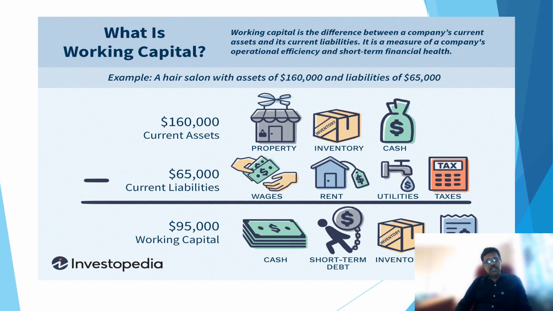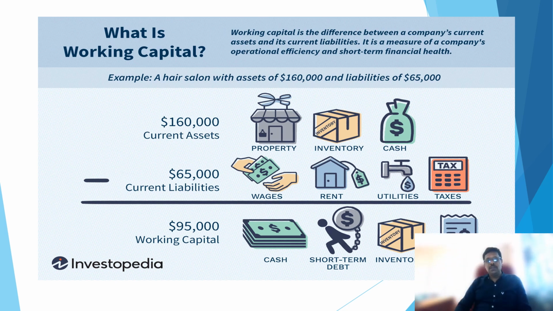Current assets include assets which are easily converted into cash within a stipulated period. Current liabilities are debts payable within the stipulated period, which here is only one year.